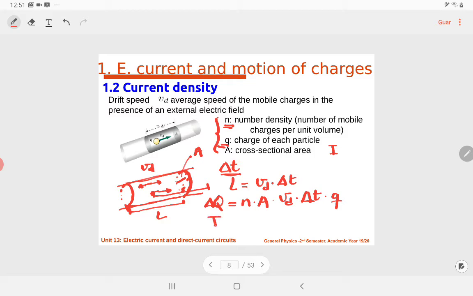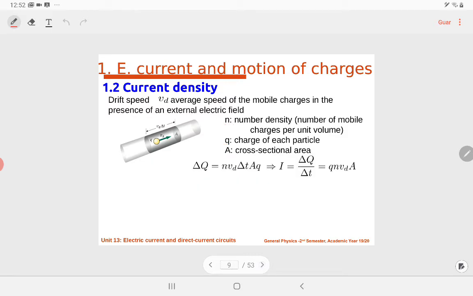So the intensity is going to be delta Q divided by delta t, which is directly the charge of each mobile charge times the number density times the drift speed times the area A. Okay, so this is what is written just here, which I just explained.